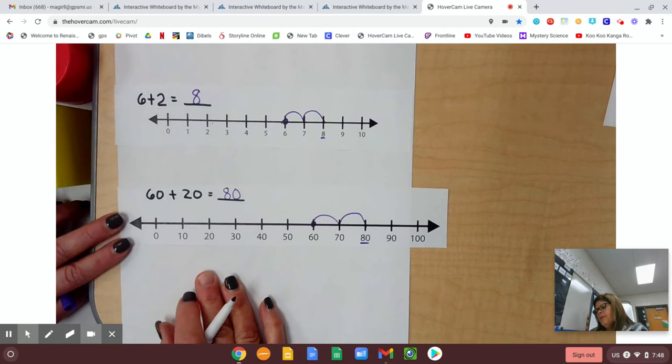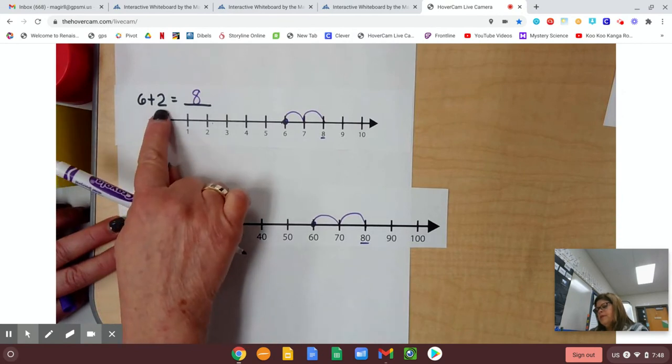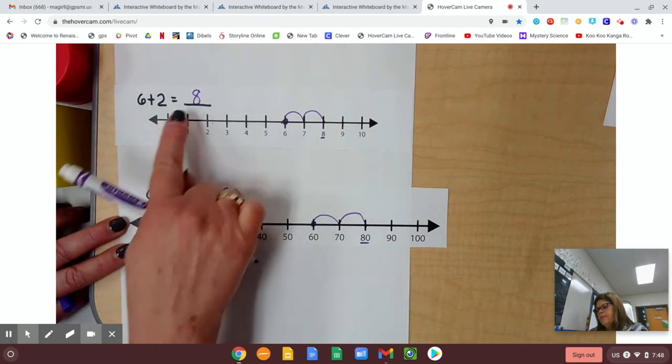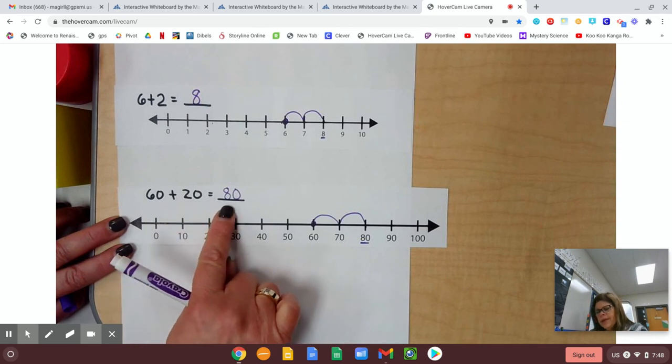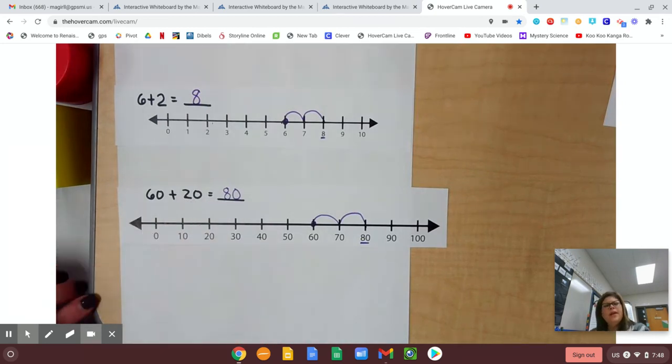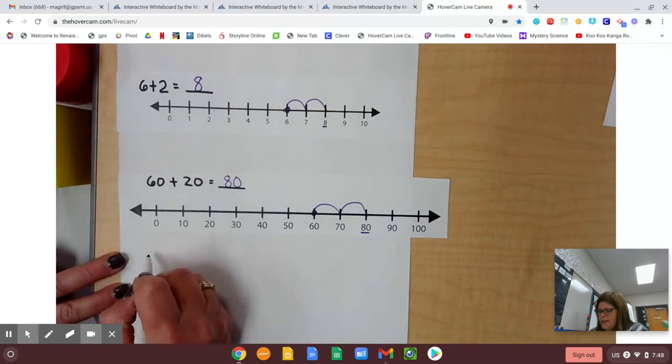Now let's look at these math problems. 6 plus 2 equals 8. 60 plus 20 equals 80. Do you see anything kind of alike in those math problems? Yes, they both had a 6.